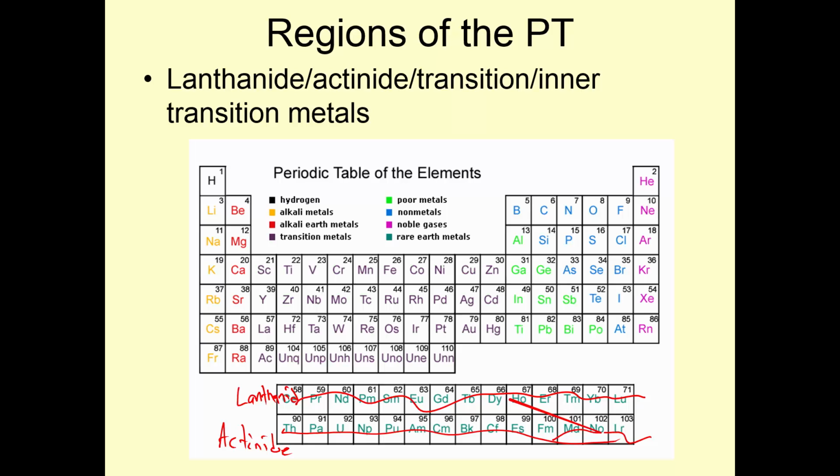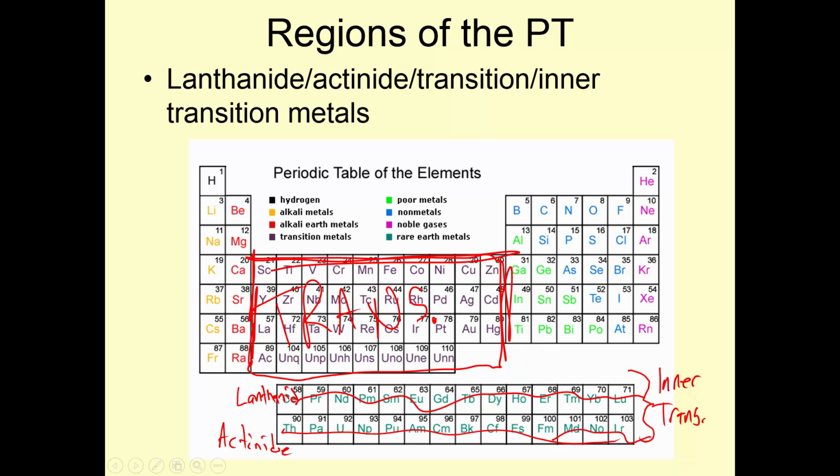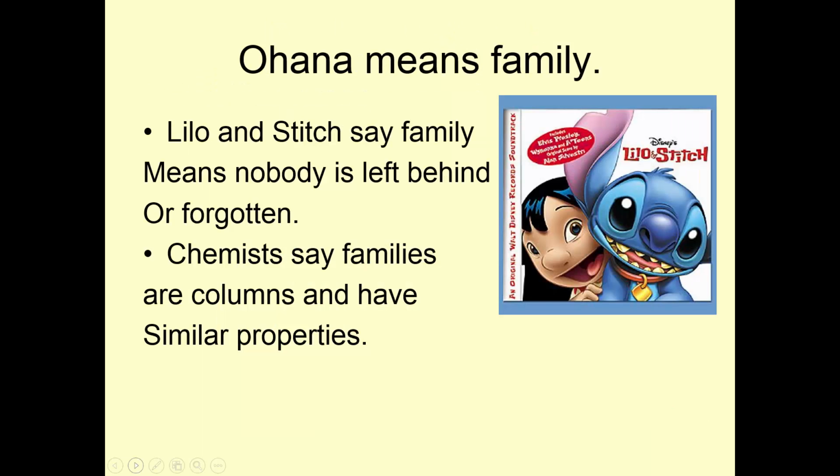Then we have the transition metals. These are my transition metals. And then these guys together are the inner. Now make sure you call them inner, not inter. Inner transition metals.